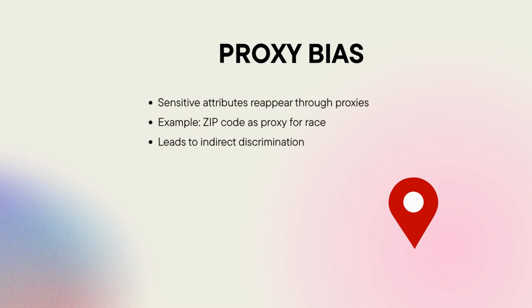Because neighborhoods often reflect racial and socioeconomic patterns, a hiring or lending model that uses location data may unintentionally discriminate. The troubling part is that proxies aren't always obvious. You may not know a column encodes sensitive traits until the model reveals disparities. Avoiding proxy bias requires careful analysis of correlations and rigorous fairness testing beyond just removing direct identifiers.